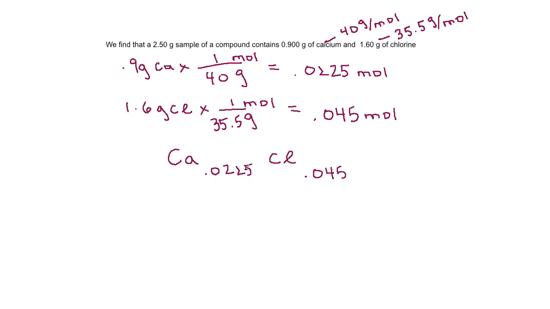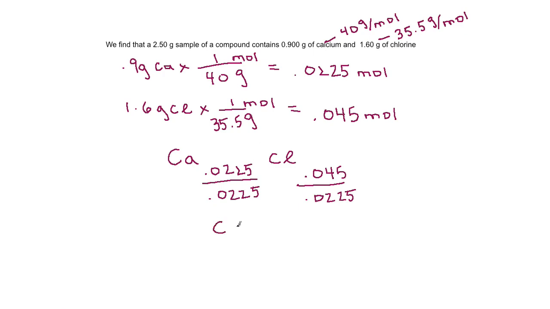Now, in order to make these whole numbers, I'm going to divide both of these subscripts by the smallest number, which as you can see is 0.0225. The easiest way to do that is to divide both of these by the smallest subscript. Let's see if that works.